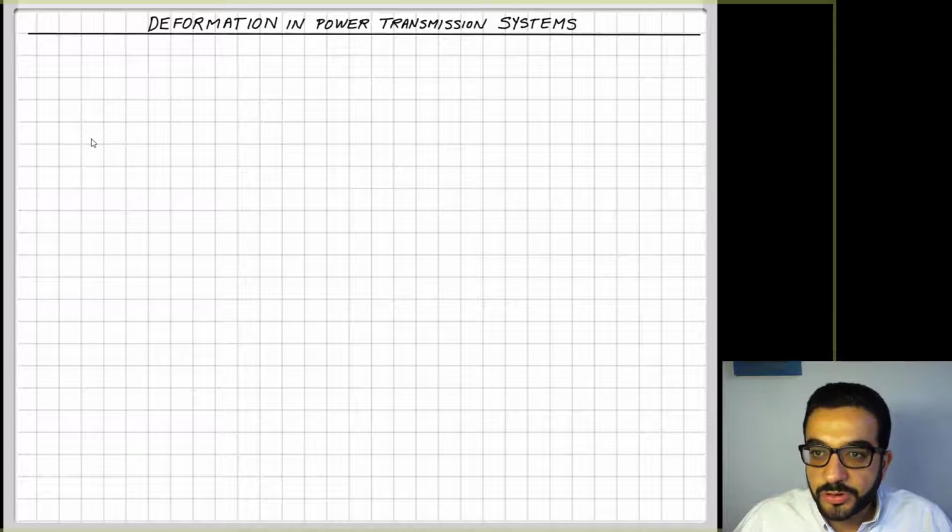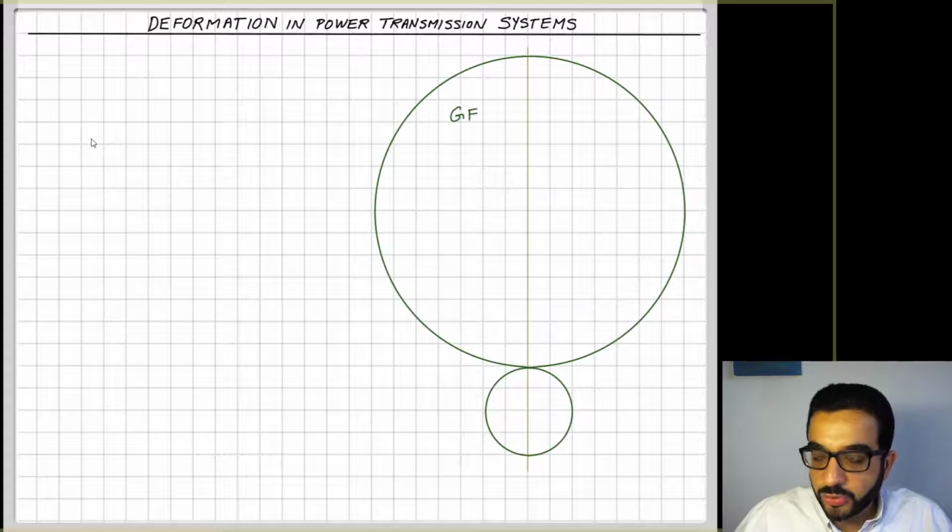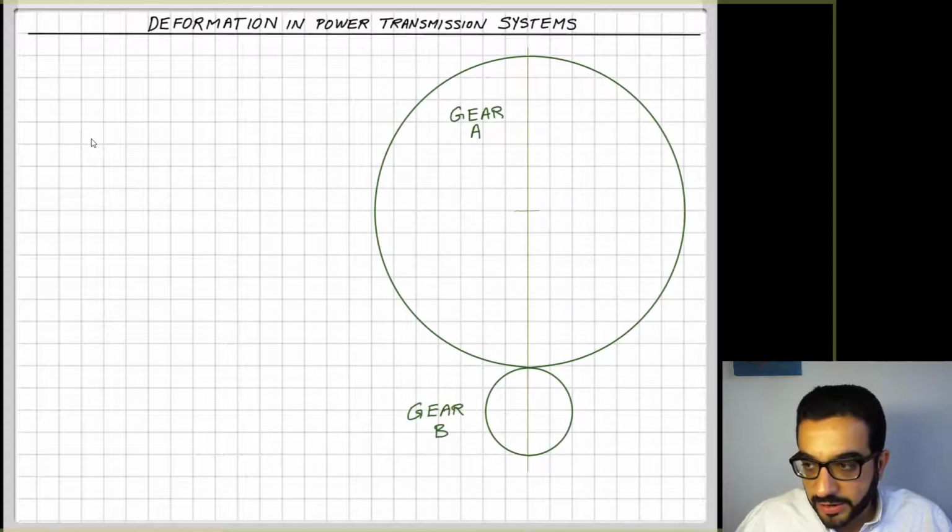So what do we mean by deformation in power systems? It's basically calculating the angle of twist at the end of that gear system. But we'll focus only on two gears that are interacting or interlocking and transmitting power through them.